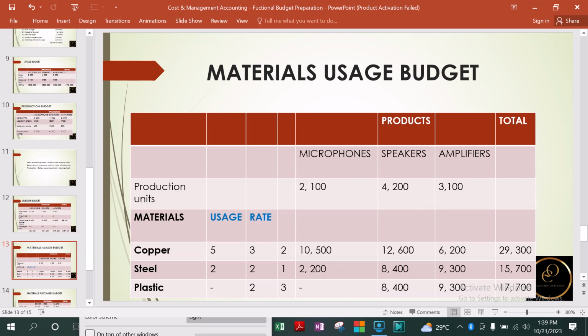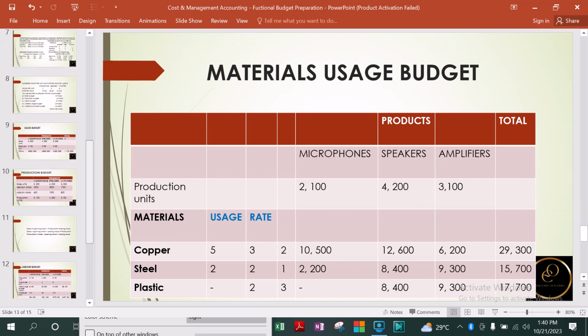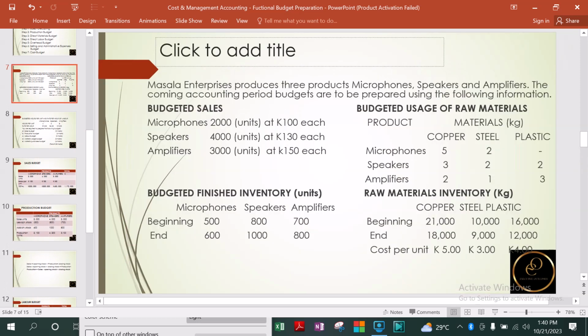So for copper, you look at how it is applied. For copper, you are showing that 5 kgs of copper are required to produce one microphone, 3 kg of copper to produce one speaker, 2 kg of copper to produce one amplifier.